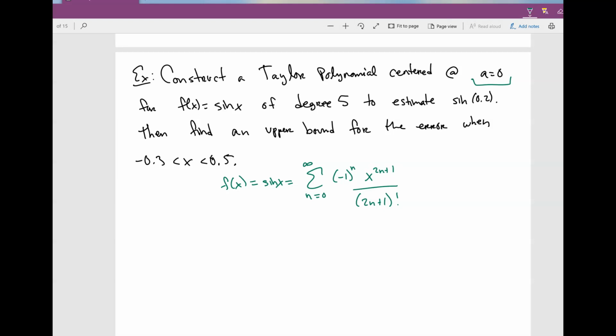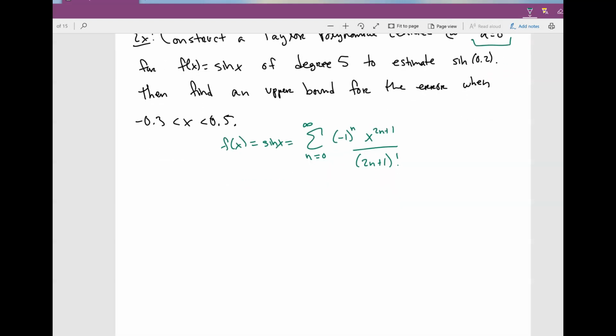And basically what I can do is expand it. When n equals 0 it is x, then minus x cubed over 3 factorial, plus x to the 5th over 5 factorial, minus x to the 7th over 7 factorial. Oh, that should be a minus. And then plus yada yada yada.